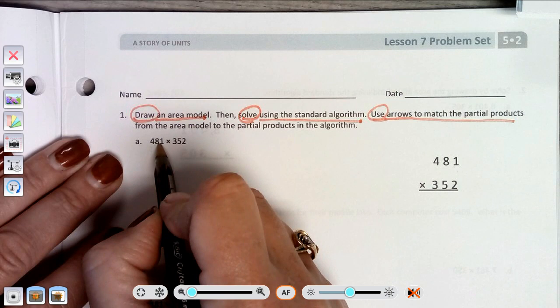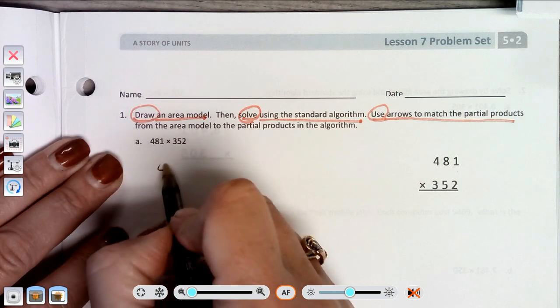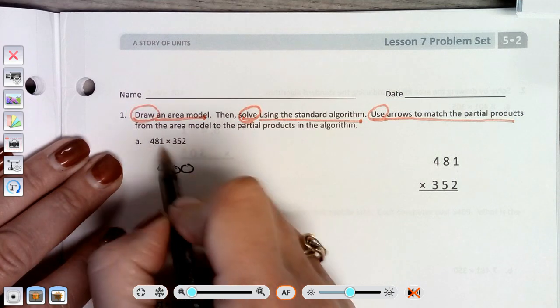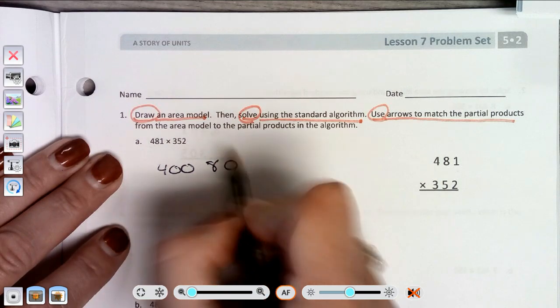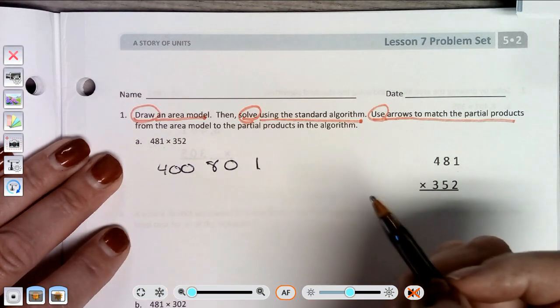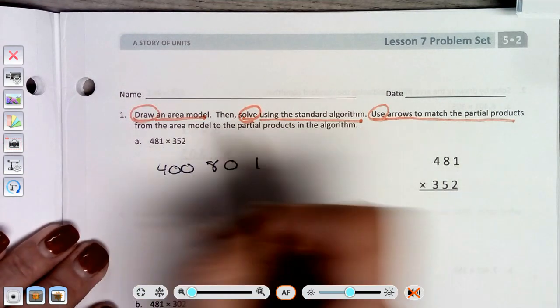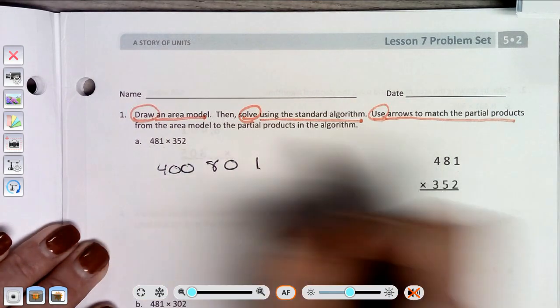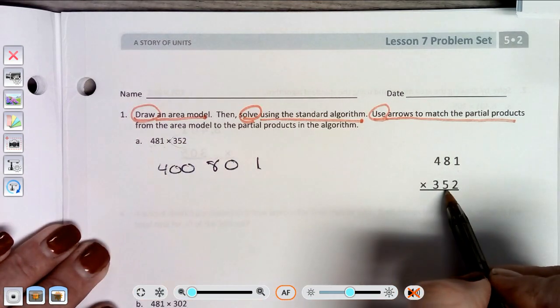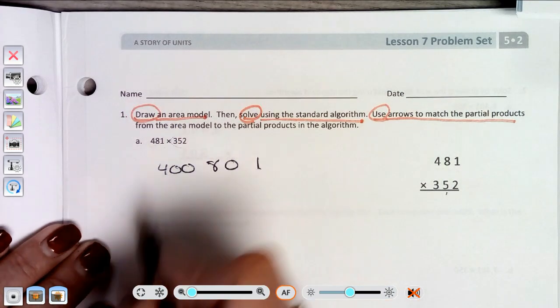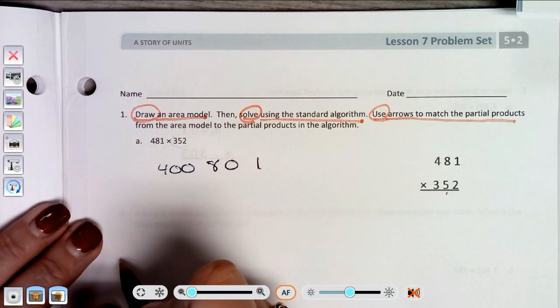So I want you to split this up by units. There are 4 hundreds, 8 tens, and 1 one, right? And then the 352 is the second number. The second number is the second number in the standard algorithm, and it's what goes along the side.